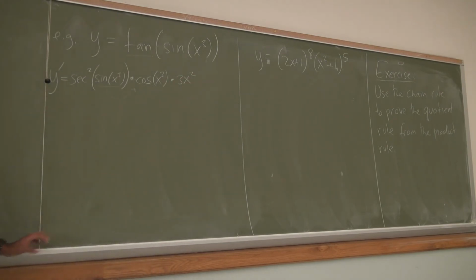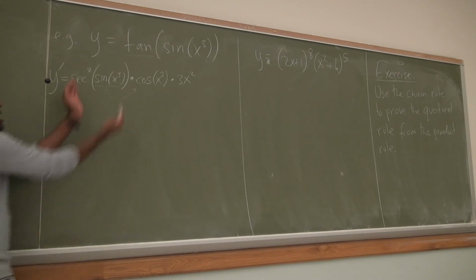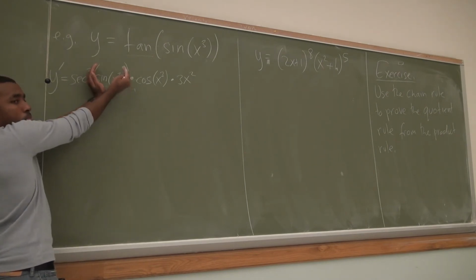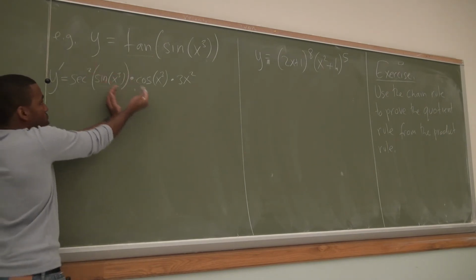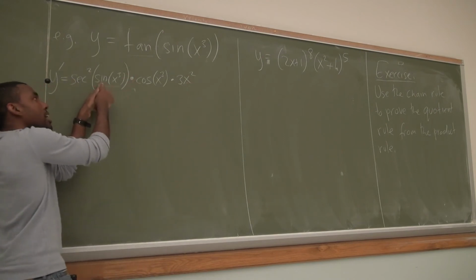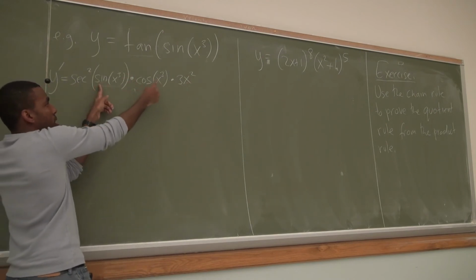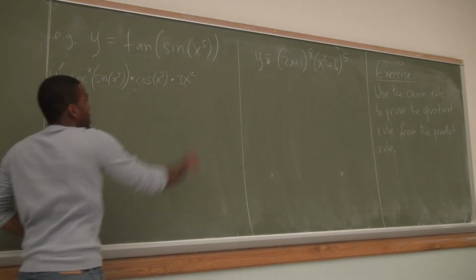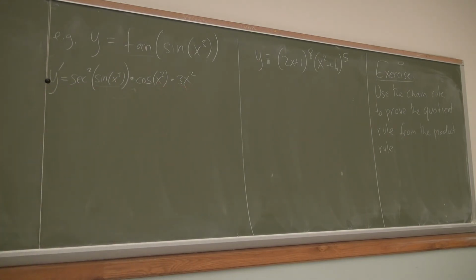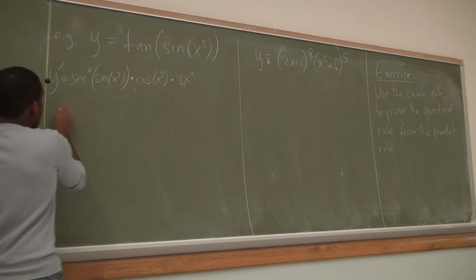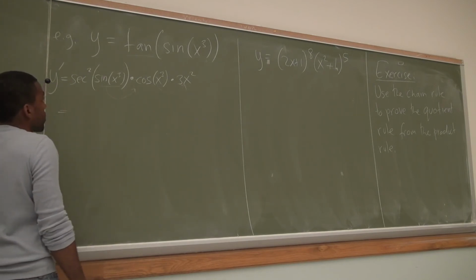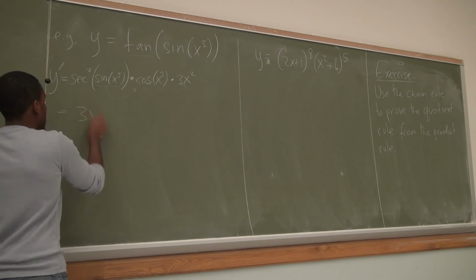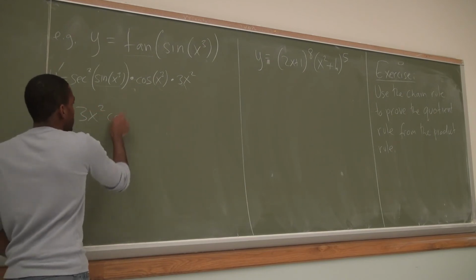You actually have to apply the chain rule again, because the inside function is itself a composite function. So when you're trying to derive that, you think of the sine now as the outside, so you differentiate that, leave the inside intact, and then multiply by the derivative of the inside. You actually apply the chain rule twice. So this is just 3x squared. Can't really simplify this.